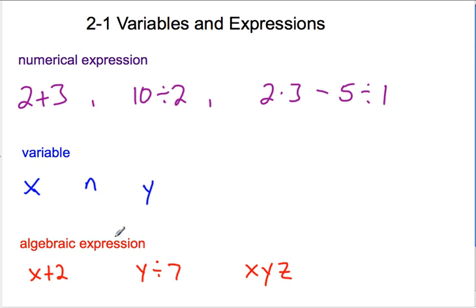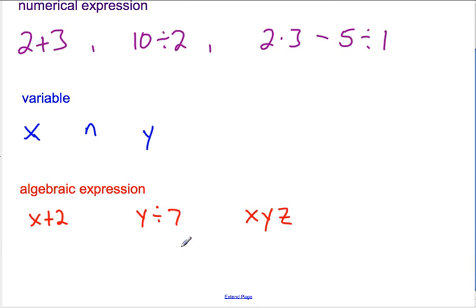Now, algebraic expressions are used a lot, and we're going to use them to solve real-world problems like word problems and things like that. In computer programming, variables are used all of the time, probably in every computer program. What they do is they hold a place for a value that you're going to put in later. So, for instance, let's say you have a computer program that people can go online and buy tickets to a concert.